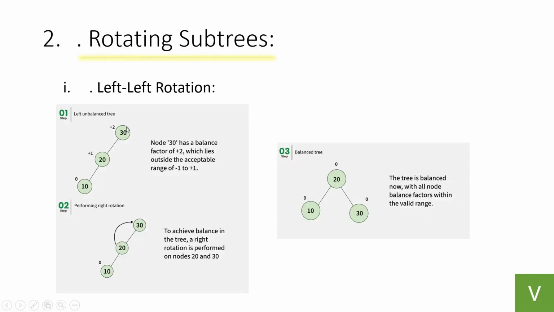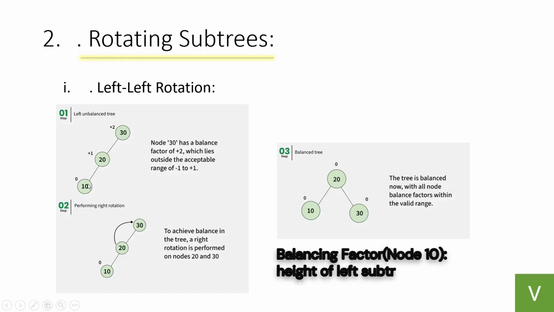So in this, let us consider we have a node 30, and two nodes in the left subtree, which are 20 and 10. So first we will check the balancing factor for the bottommost node, which is 10. The balancing factor for the node 10 is height of left subtree minus height of right subtree, which is 0, which is a balanced node.